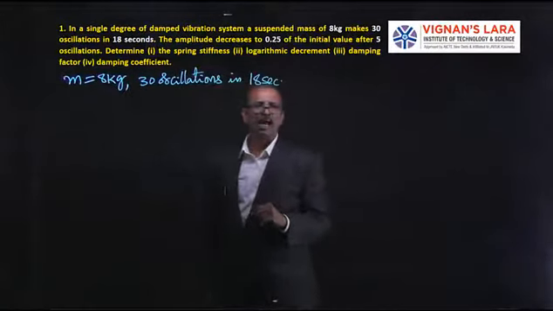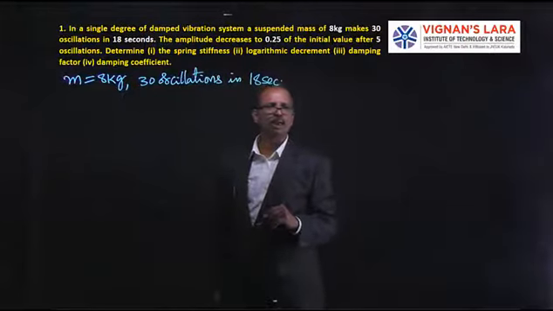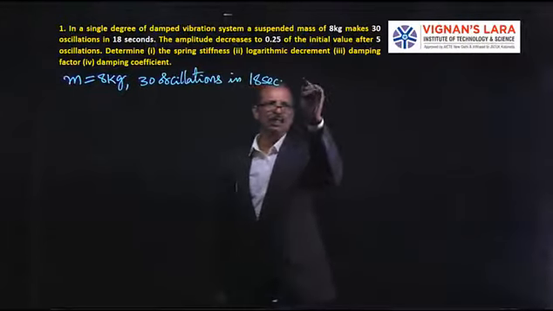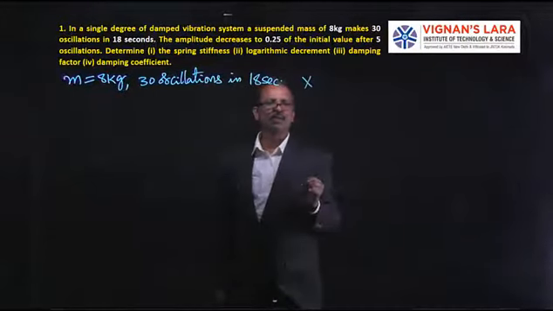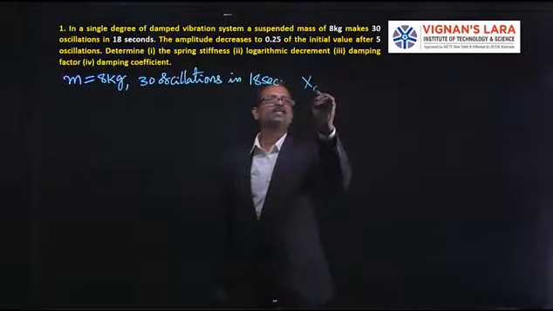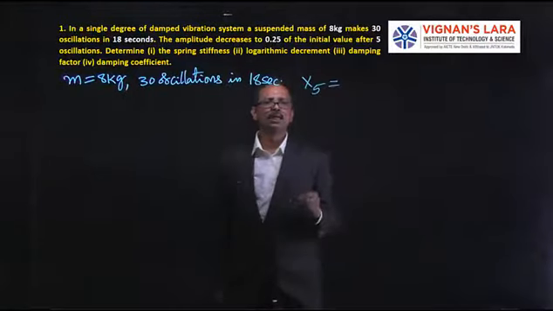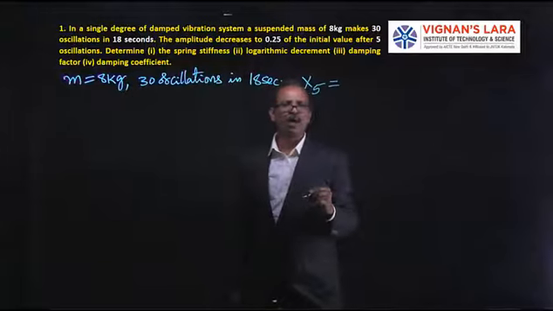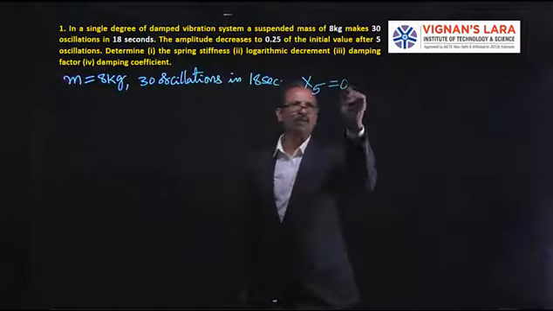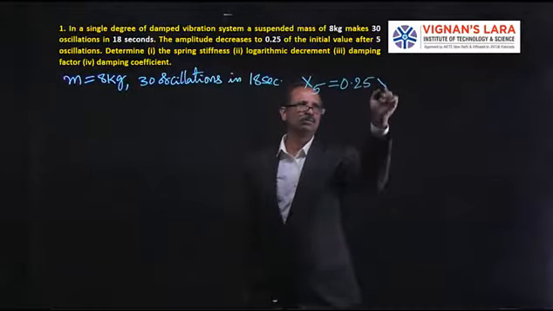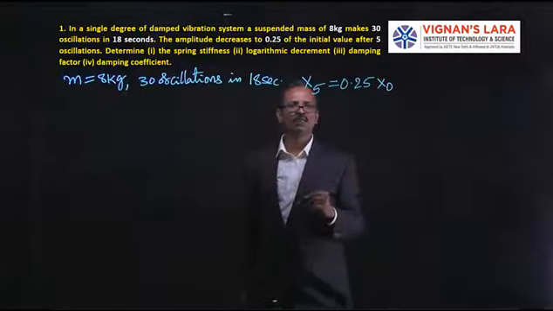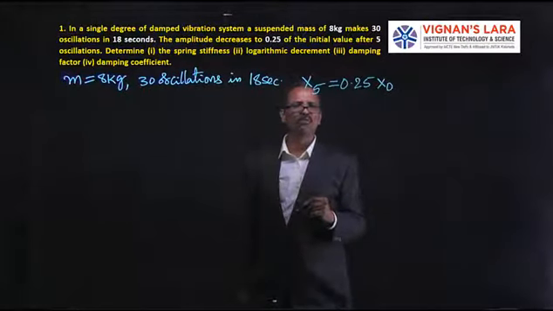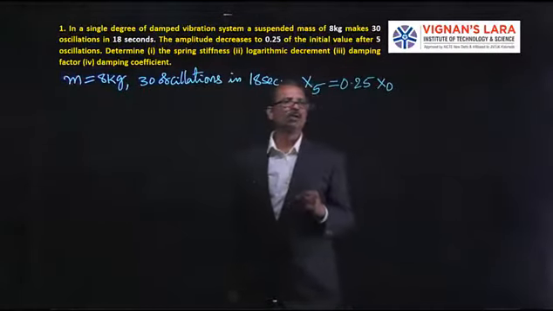Then the amplitude decreases to 0.25 of the initial value after 5 oscillations. That is, after 5 oscillations, x5 decreases to 0.25 times the initial value, so x5 is equal to 0.25 times x0.